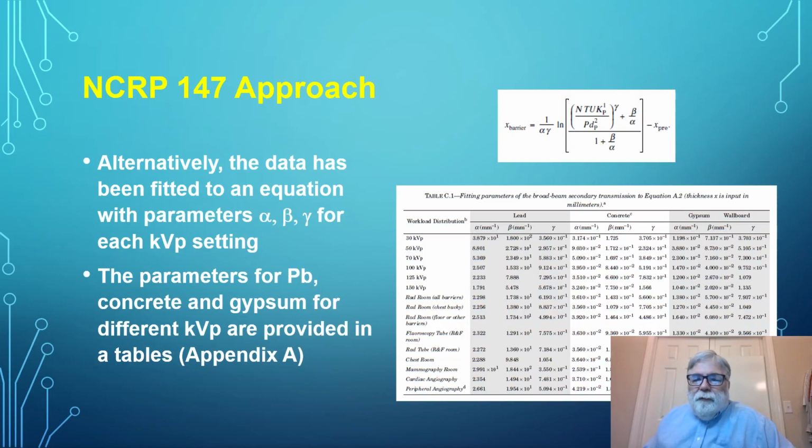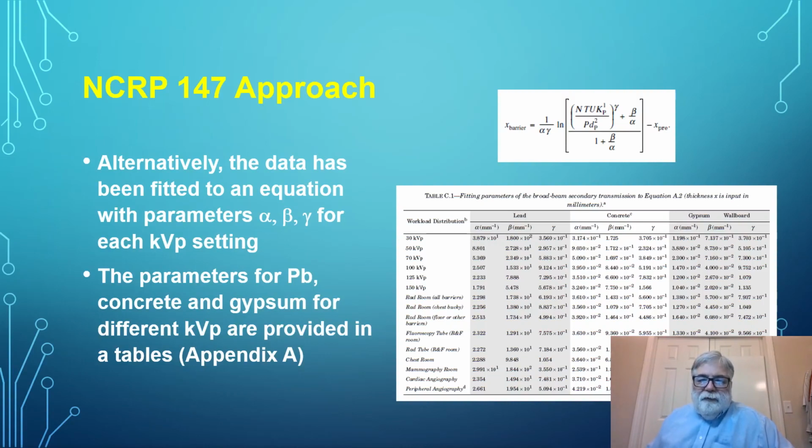And so for different kinds of material at different tube potentials, these are the alpha, beta, and gamma. This is called the Archer fit to data. There's no fundamental physics behind what alpha or beta or gamma are in terms of the atomic number or the density of the material. They're just fit parameters.